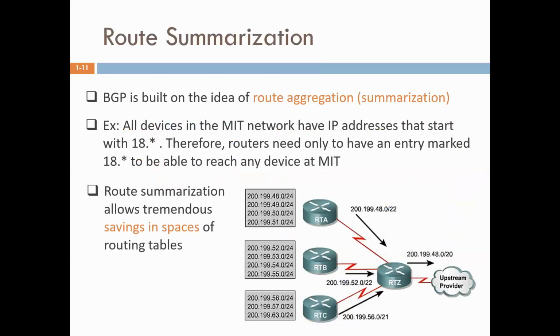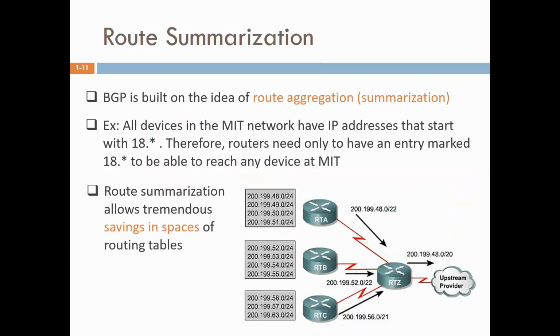Okay. Now, before I explain how these announcements work and how BGP does this functionality, I will have to explain a very important concept in BGP and networking in general, called route summarization. BGP is built on the idea of route summarization. What is route summarization?